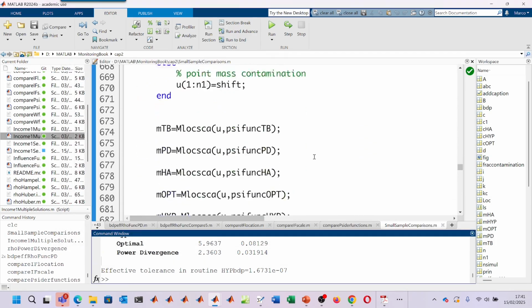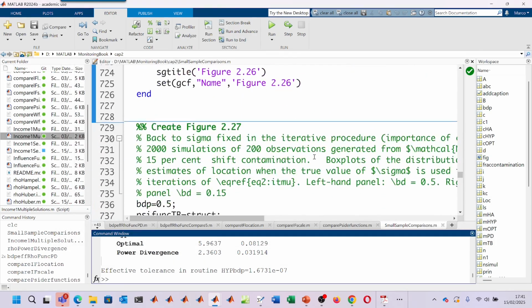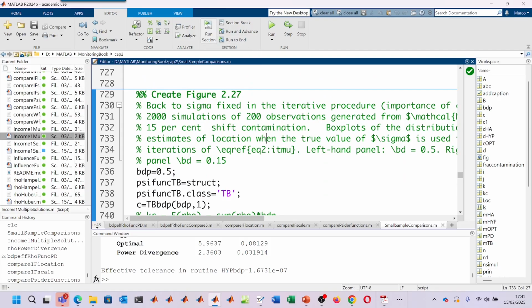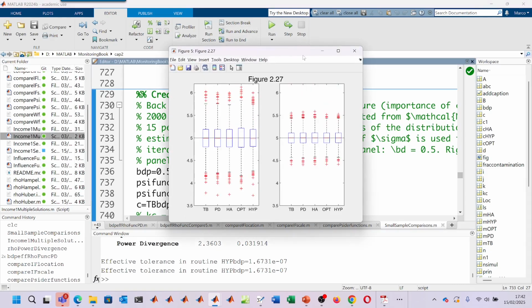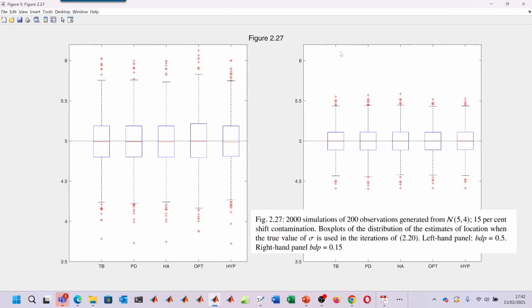Now we move to figure 2.27, and the purpose of figure 2.27 is to understand the effect of two different values of breakdown point. In both cases, the sigma which is used is the true value.